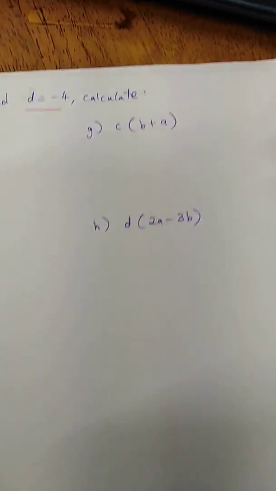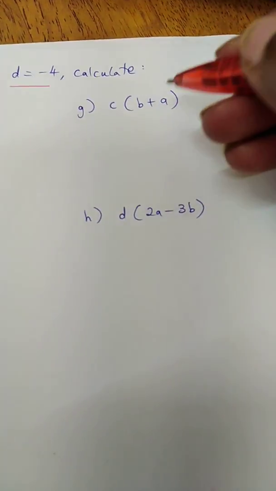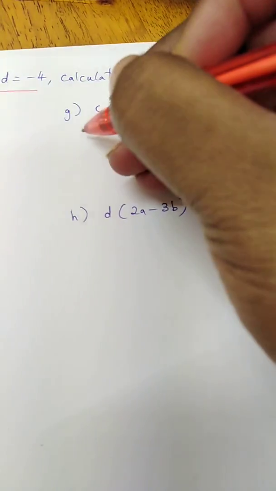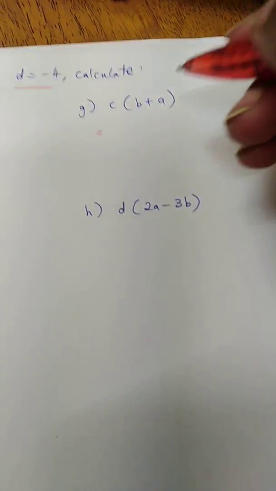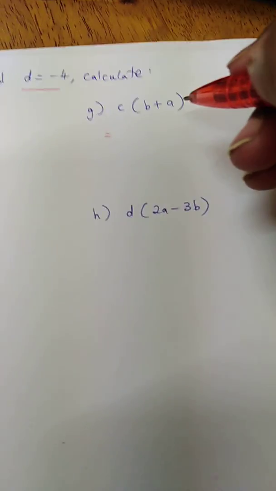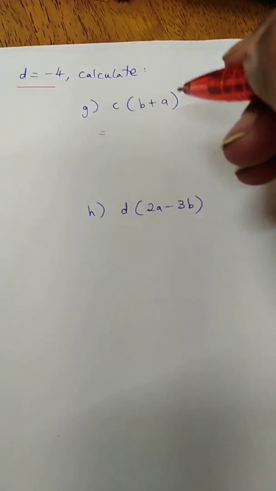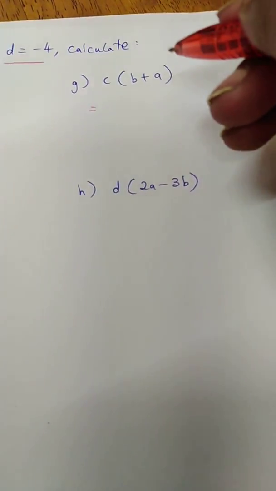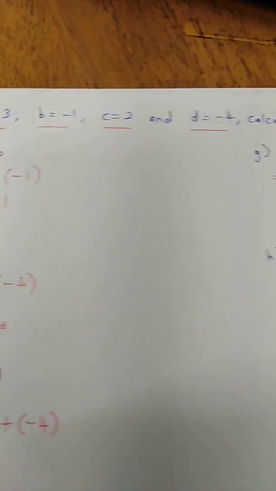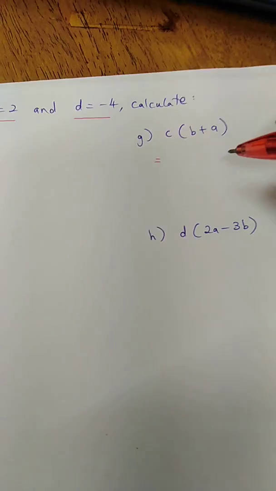Now moving on to question G, we have C times (B plus A). All these are your unknowns. Remember, when you have an alphabet, it is an unknown. Unknown means it is a number that you do not know the exact value of. But in this question, you are already given the value for each unknown.